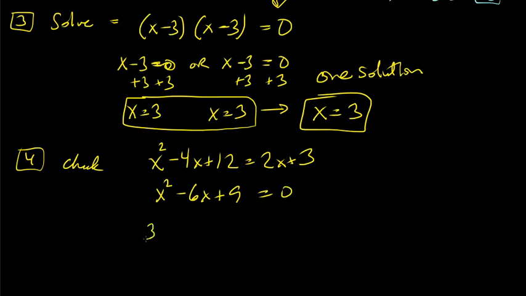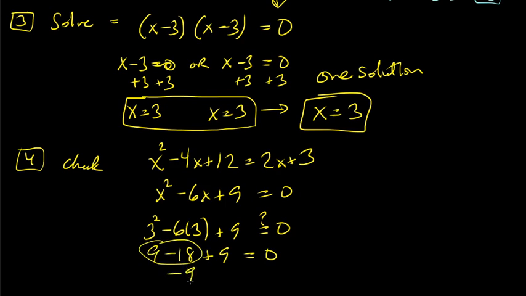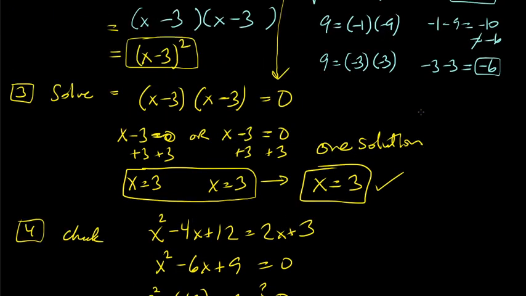And if you plug in x equals 3 here, does that equal 0? So you get 9 minus 18 plus 9 equals 0. 9 minus 18 is negative 9, and negative 9 plus 9 is 0. So 0 equals 0, right? So yes, x equals 3 is correct.